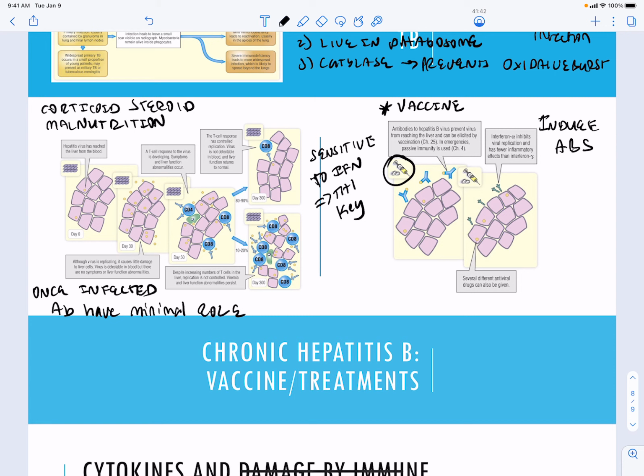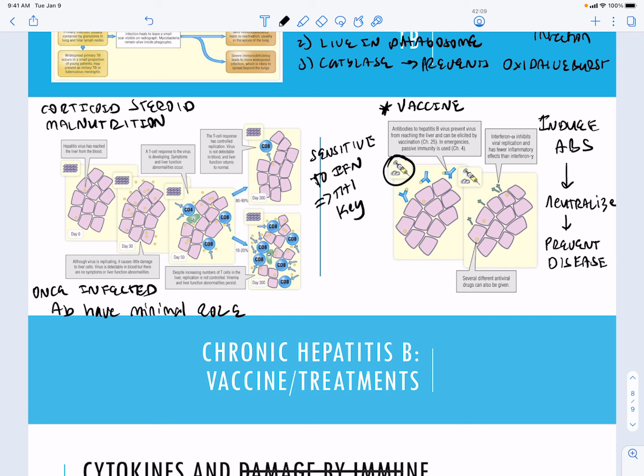And the antibodies are going to neutralize the virus. So why that's important is because if you have neutralizing antibodies, you can prevent disease. Your antibodies are in essence sort of mopping up the virus before they're able to infect the hepatocytes.